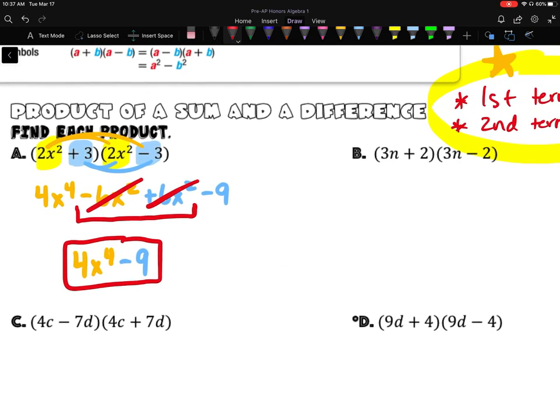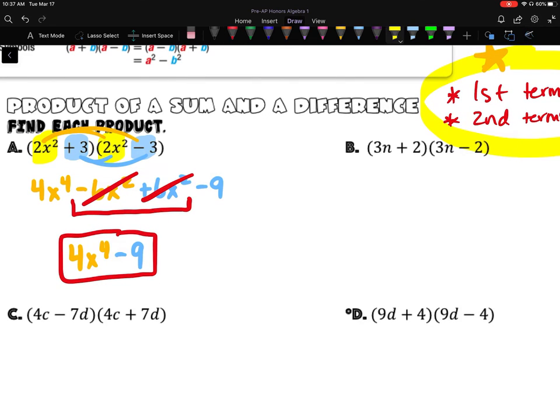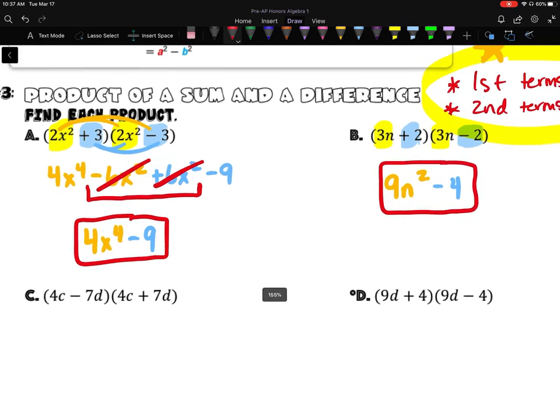I want to show you the shortcut in B. So in B, take 3n, multiply it with 3n. That's going to give me 9n to the, excuse me, not to the fourth, but to the second. Then take positive 2 times negative 2, which is going to give me negative 4. So my answer here is 9n squared minus 4.